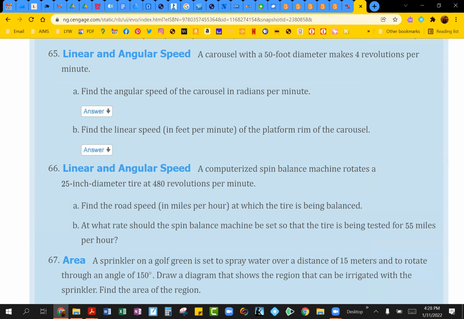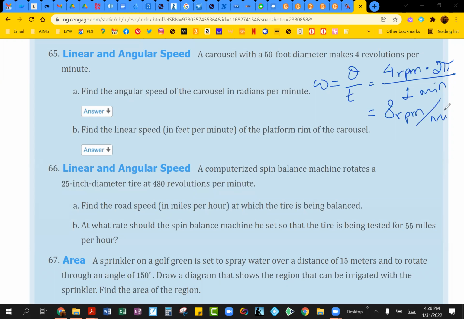So here you're calculating the theta over time, right? That's going to be omega, which is theta over time. If you calculated theta like you did before, which would be your 4 RPMs times 2 pi over 1 minute, that would give you 8.